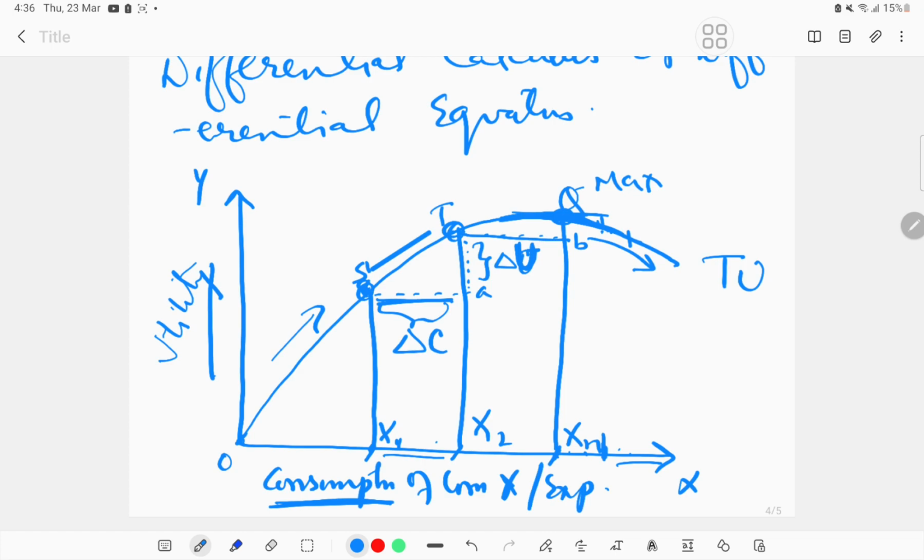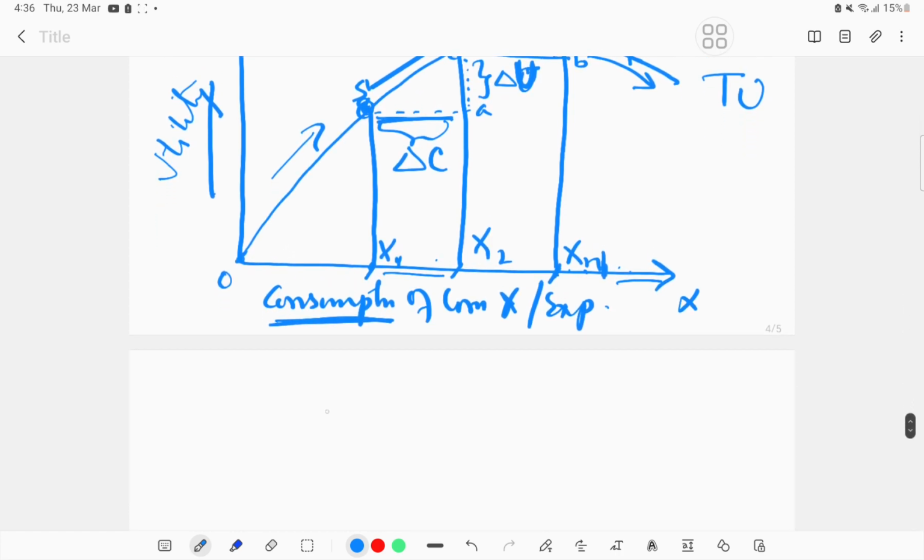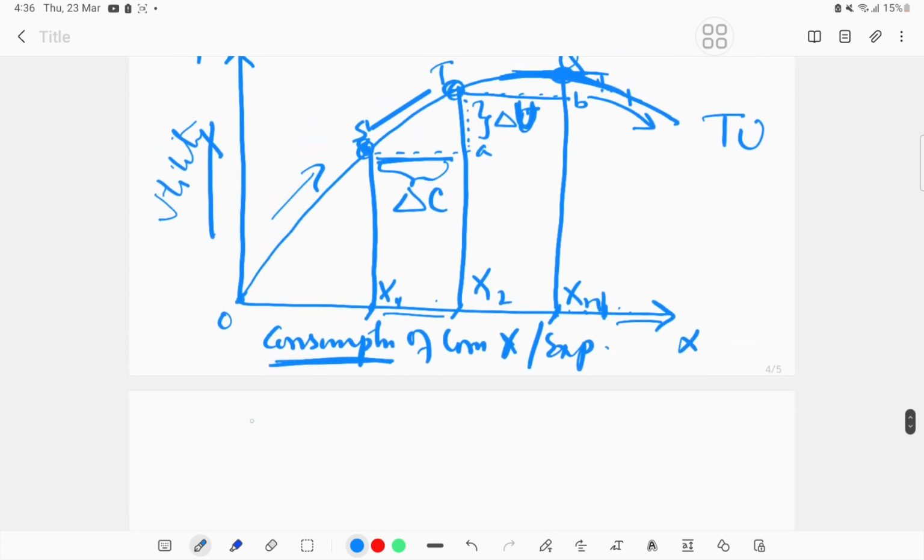So change in consumption and change in utility: change in utility is TA. Here it is T and here it is A. Earlier the utility was at A. Now after consuming x2, his utility reaches T. So there is change in the utility and also in consumption.